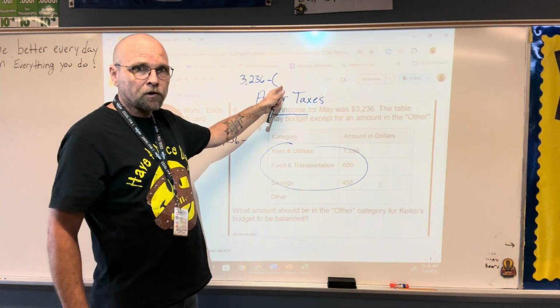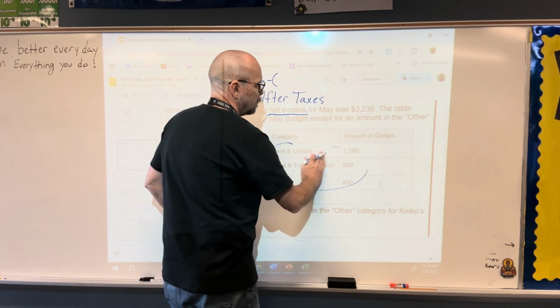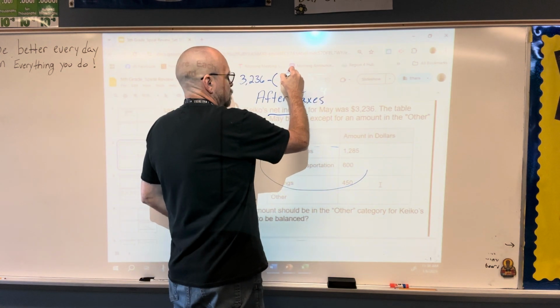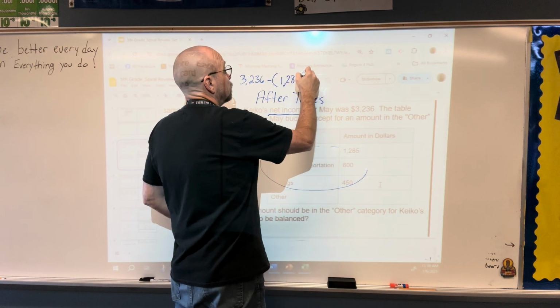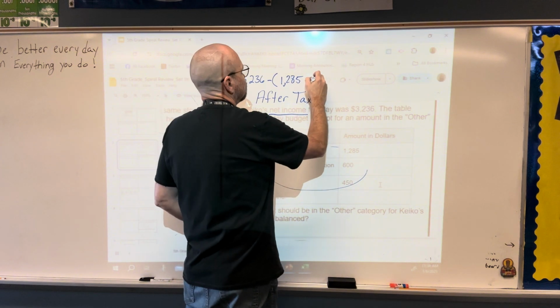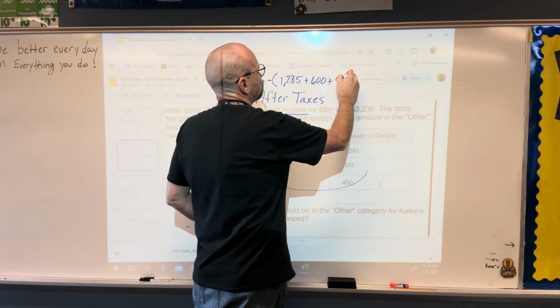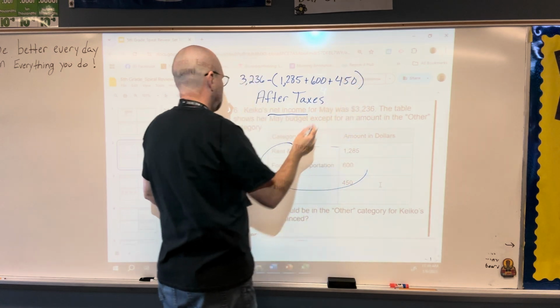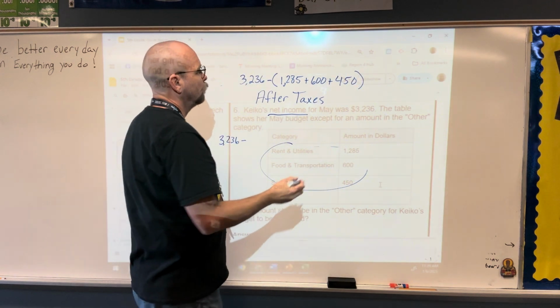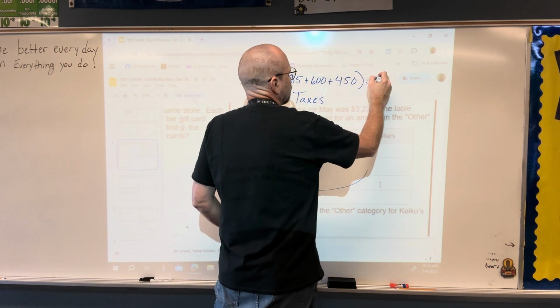That's why I'm putting the parentheses there. I'm subtracting 1,285 plus 600 plus 450. And that is going to give me my total for the other category.